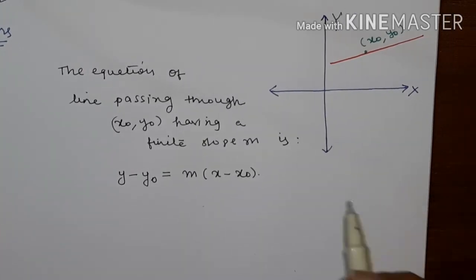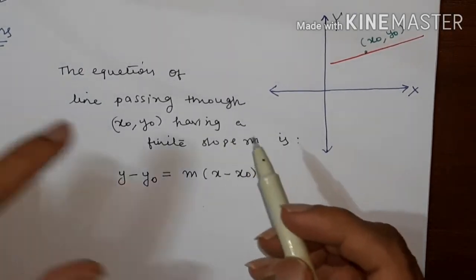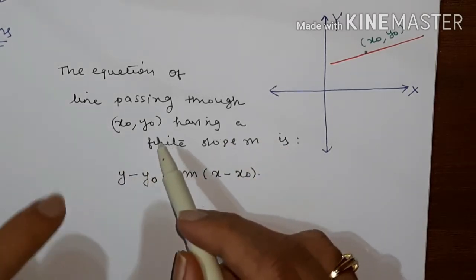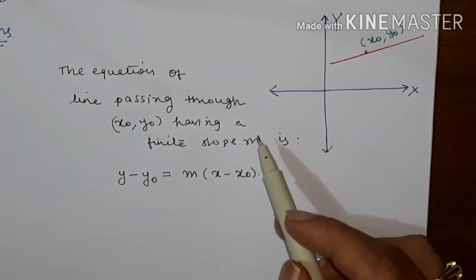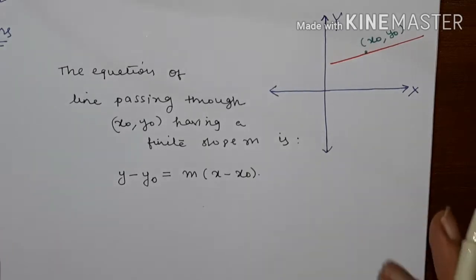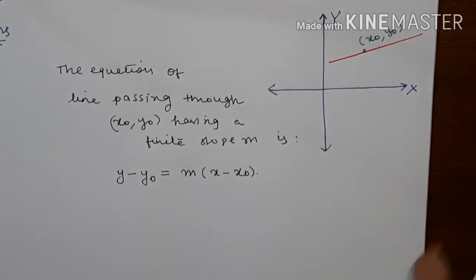This is the equation of the line passing through the point x naught comma y naught and having the slope m, which is finite. So using this equation we will find the equation of a tangent.